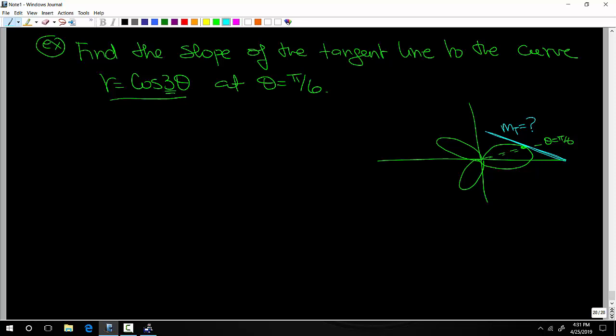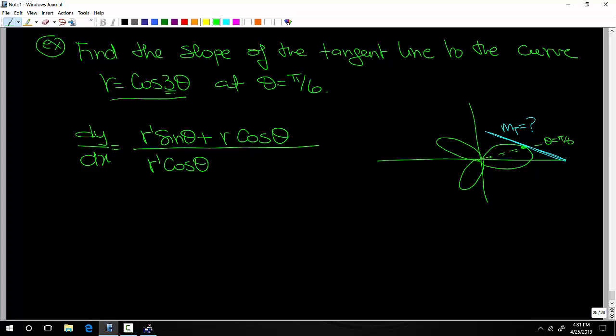Alright, so let's take a look at it. So we have the formula: dy over dx is equal to r prime sine theta plus r cosine theta over r prime cosine theta minus r sine theta.